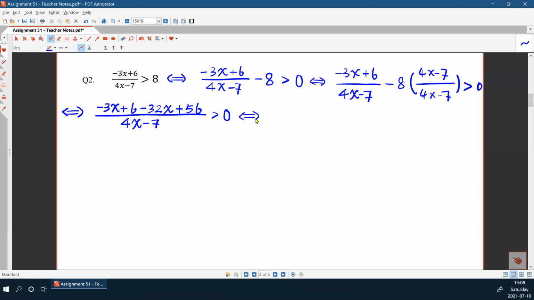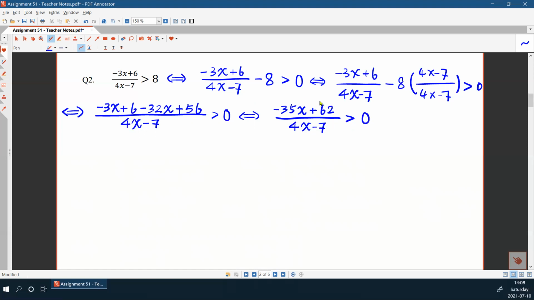And this can be simplified to minus 3x minus 32x gives us minus 35x, and plus 6 plus 56 gives us plus 62, right? Over the common denominator, which is 4x minus 7, which is greater than 0.